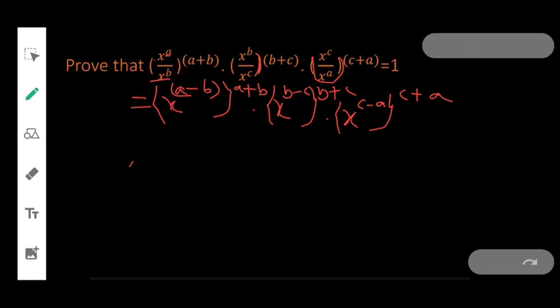Now if you remove this bracket, the powers a minus b and a plus b will get multiplied.